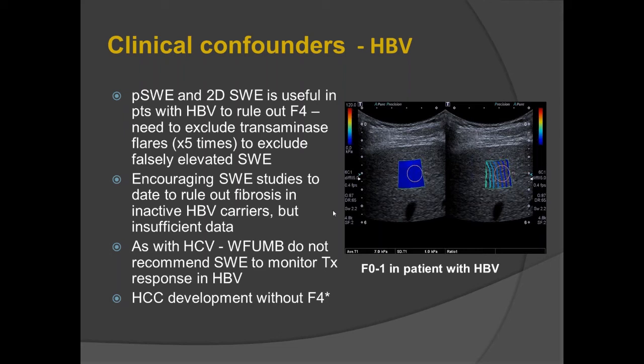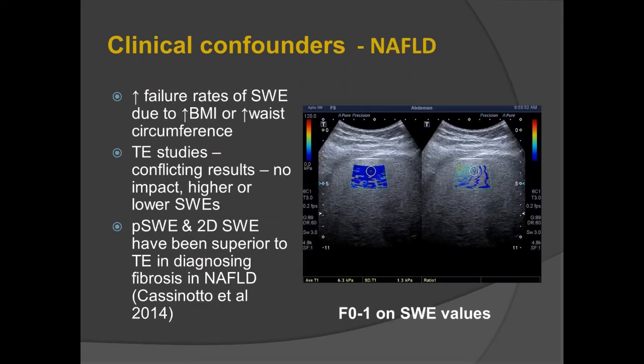There's been a lot of reports about the high failure rates of shear wave when examining high BMI or, sort of turtle-like abdomen patients. And in fibrous scans, there's been some very conflicting results. Some papers say that if you have non-alcoholic fatty liver disease, your shear waves increase.